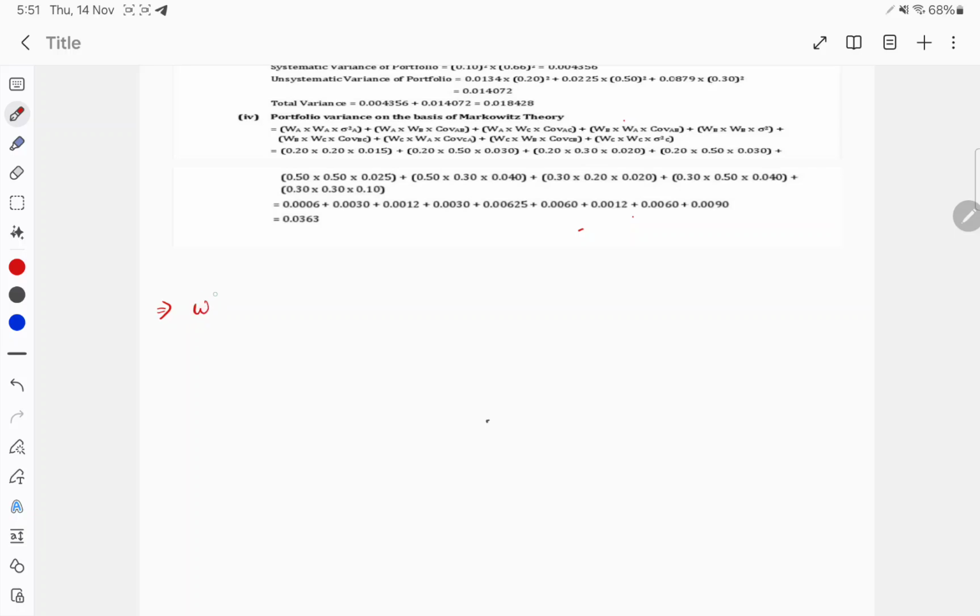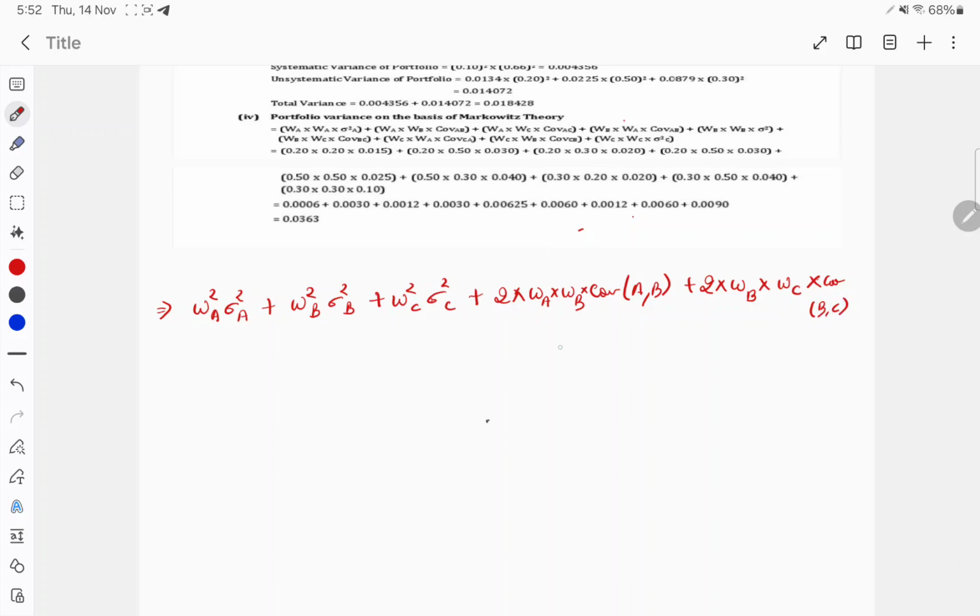It will be weight square A into variance of A, plus weight square B into variance of B, plus weight square C into variance of C, plus 2 into weight of A into weight of B into covariance AB, plus 2 into weight of B into weight of C into covariance of B and C, plus 2 into weight, let's take now A and C, weight into covariance of A and C.